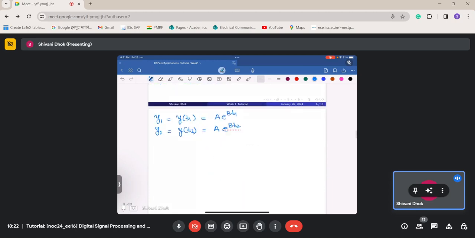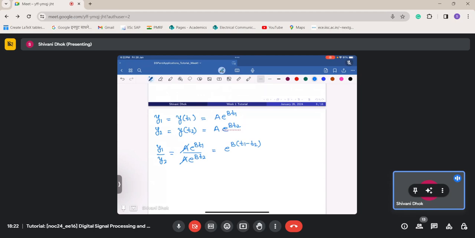So what we can do is we can simply take the ratio. So y1 by y2 will be a e power b t1 upon a into e power b t2. This a gets cancelled. This is equal to e power b times (t1 minus t2).